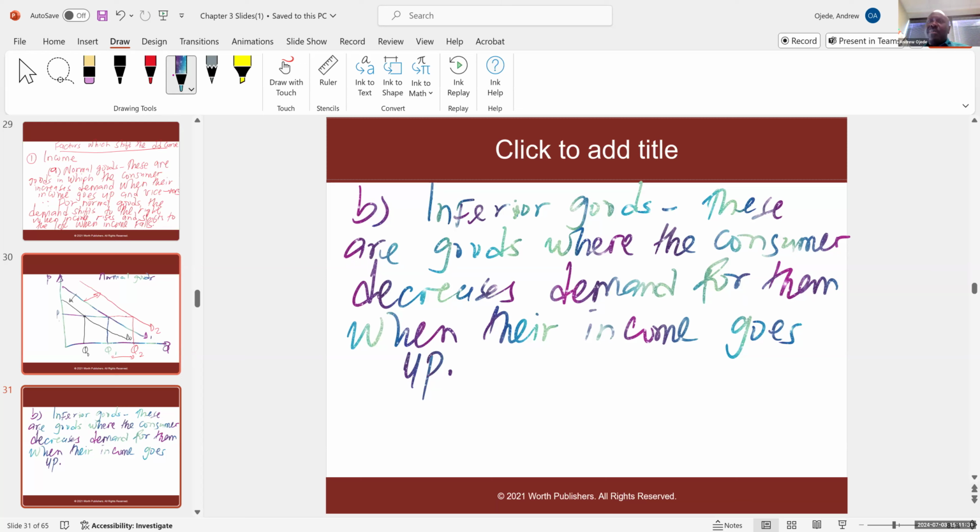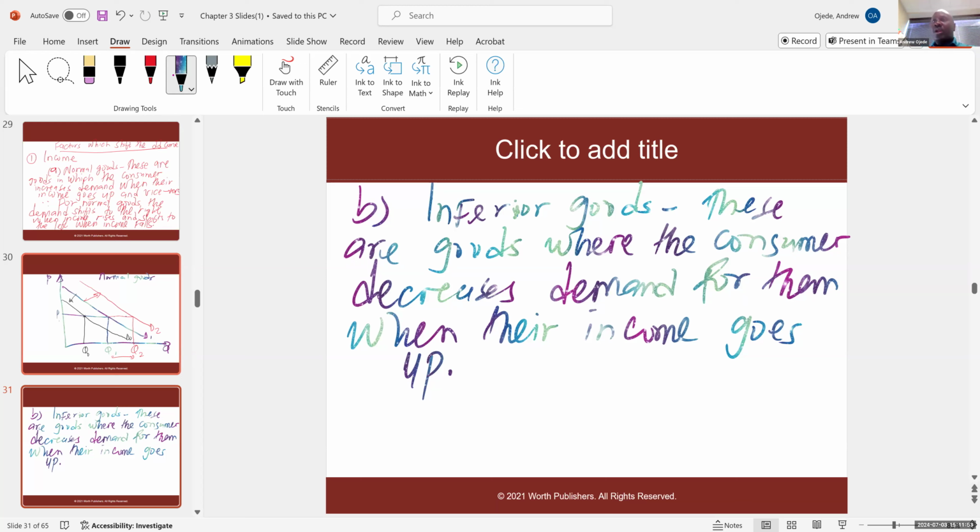Also remember that what is considered inferior to consumers can be a subjective concept. Some people will eat a lot of fast food even if their income goes up, which means they don't feel fast food is an inferior good. So for some goods, it could be a subjective thing.